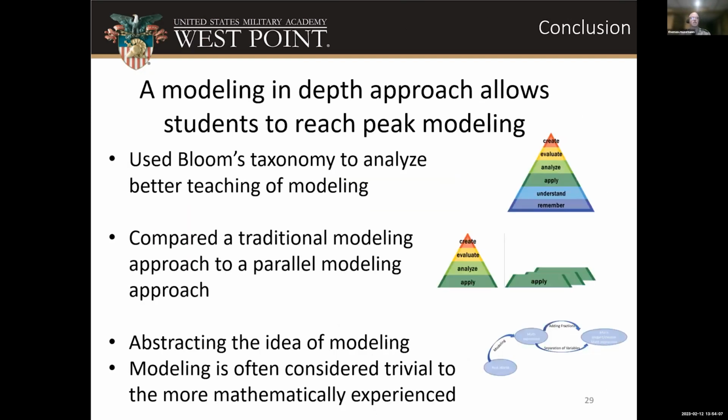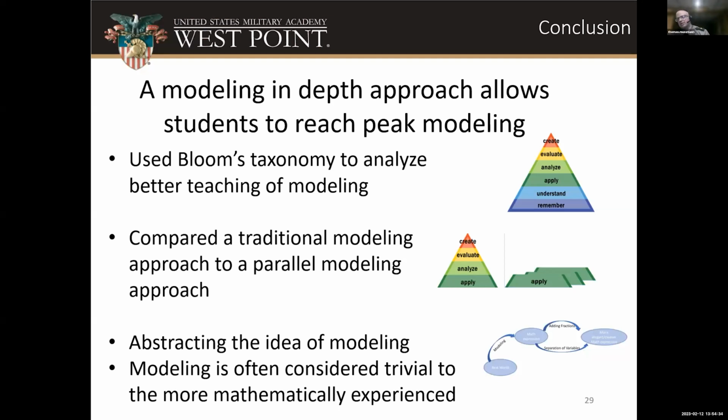So just as kind of to wrap up, right? We started off talking about what it is to be a good modeler and have a good model. Then we used Bloom's taxonomy as kind of a method to compare a traditional modeling approach to a parallel modeling approach. I spent way longer probably than I should have talking about abstracting this idea of modeling to more math types ideas.